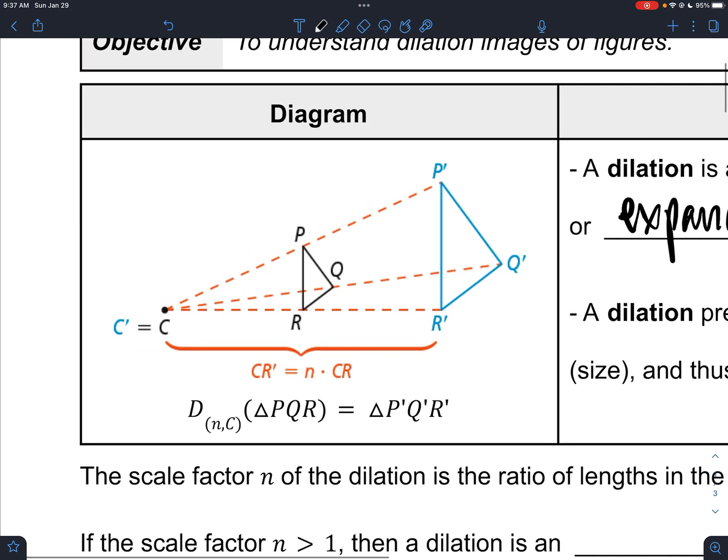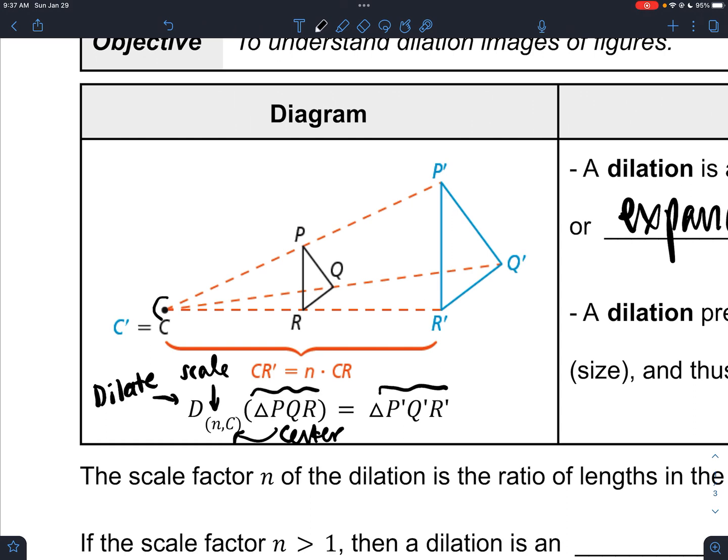Okay, so we can see on this picture a lot's going on and a lot of the good notation is happening. D stands for dilate, or dilation. N is the scale factor. And C is the center. And of course we have our pre-image and our image. So C is where the scaling is happening from.